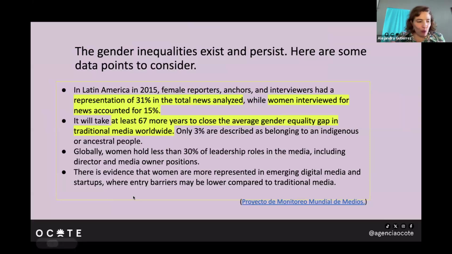Doy unos datos muy rápido porque el tiempo pasa volando, pero hay una cifra que siempre se repite y que no ha cambiado mucho con los tiempos, es que el 70% de los puestos de dirección en los medios de comunicación en el mundo es ocupado por hombres. Solo un 30% es ocupado por mujeres.